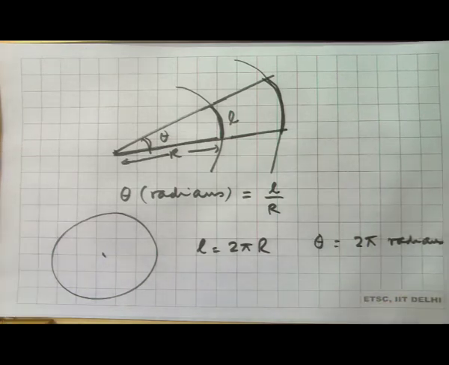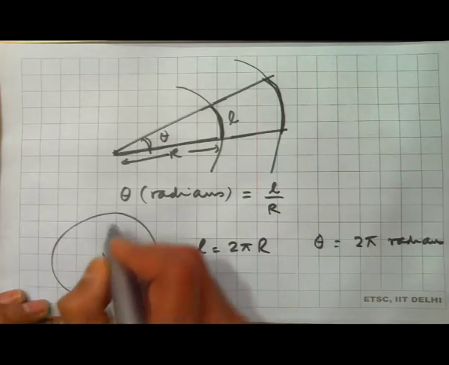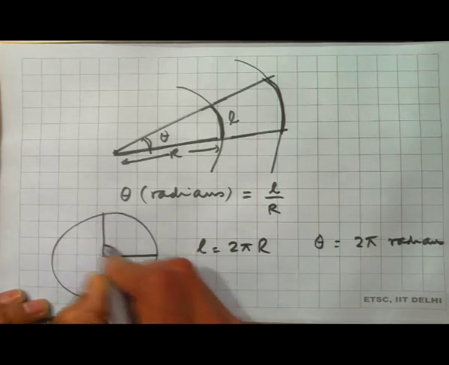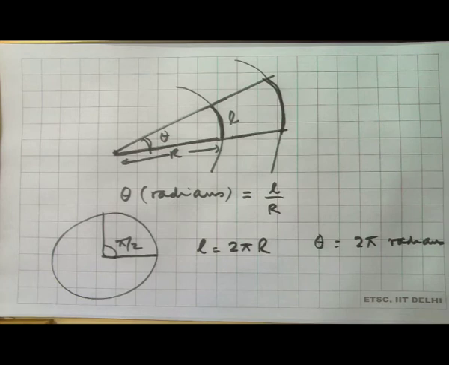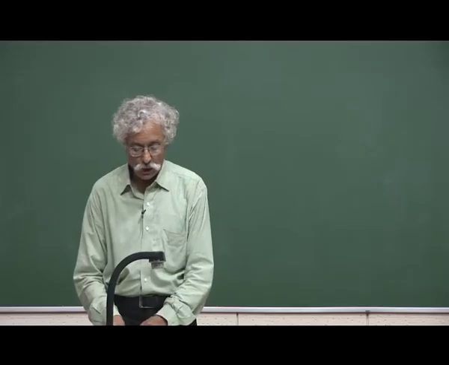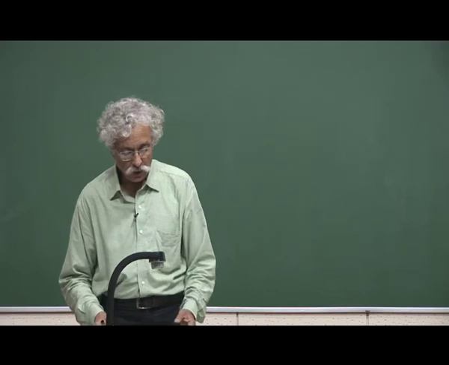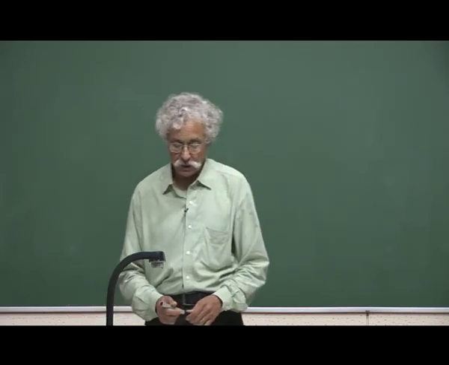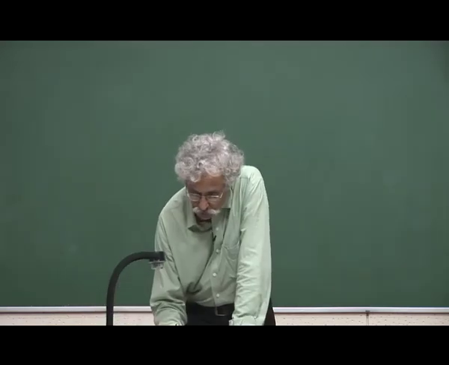All of you know that 2 pi radians is the entire circle, this is pi by 2 radians, etc. This is one of the very interesting definitions of angles, and this is in a plane. Now, I want to introduce an angle not for a plane, but in 3 dimensions. So, we define what is called a solid angle.